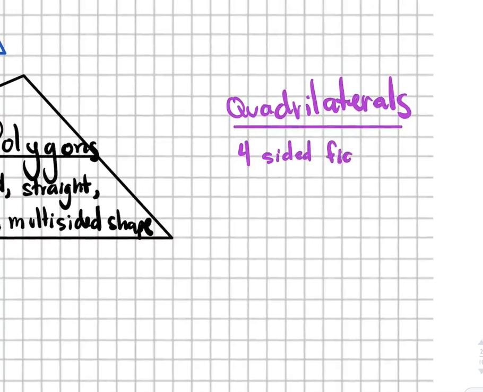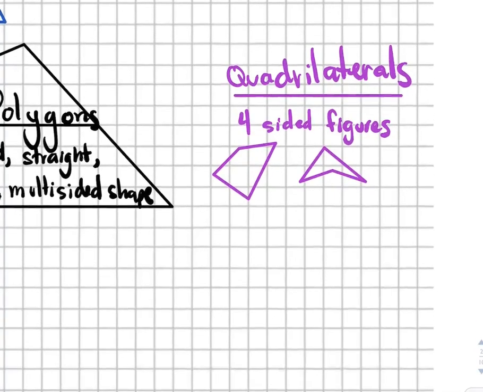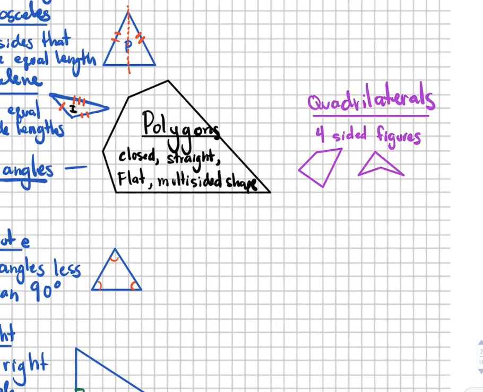Four-sided figures. I'm gonna draw some generic shapes because I don't want to define anything specific. You can have something that looks like this. It's got four straight lines. All of them meet at an angle. It's a closed shape. It's a four-sided figure. Okay, quadrilateral.